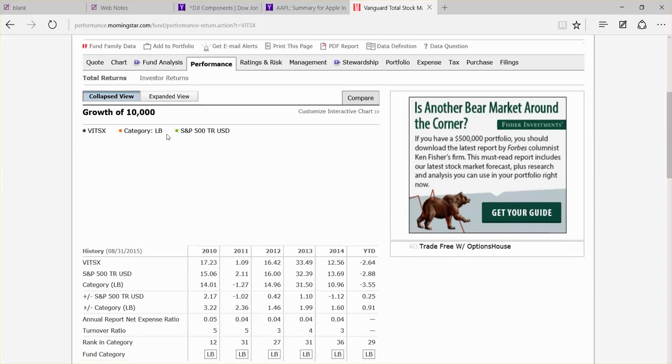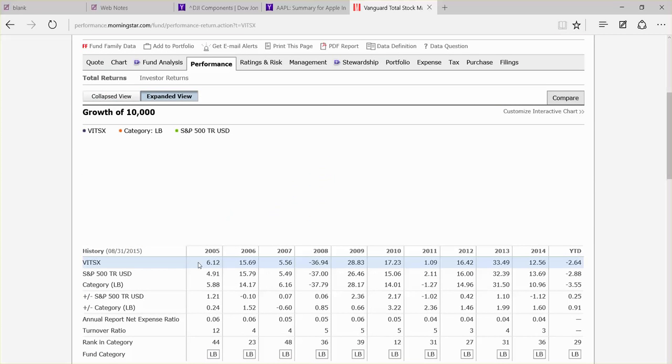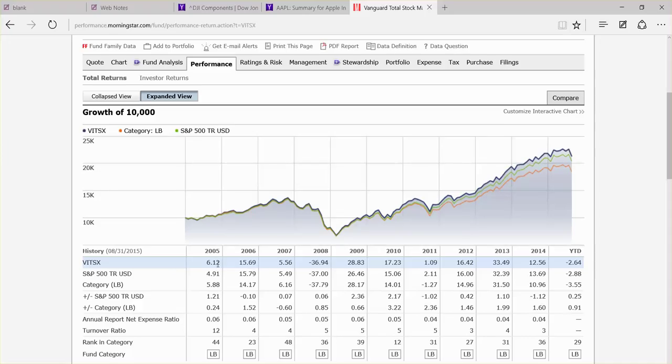Since I'm in the performance section, let's go ahead and look at its performance. So don't these numbers look a whole lot different from that prime money market fund? These numbers again, and I hope you can see it, it's the blue line that my cursor's on right now. These numbers represent the annual return the fund generated.